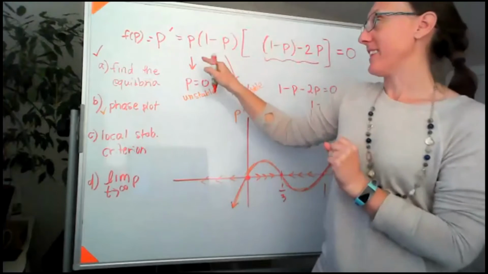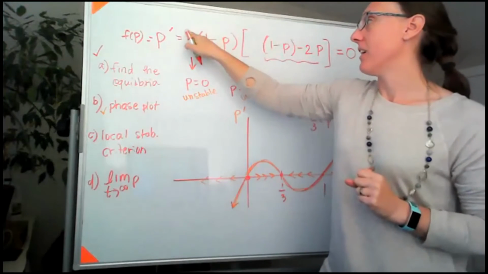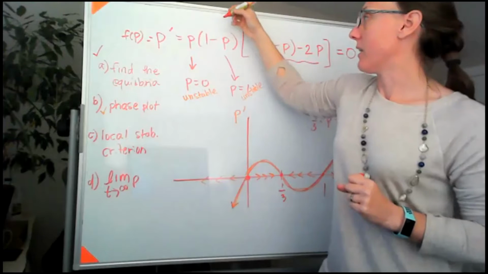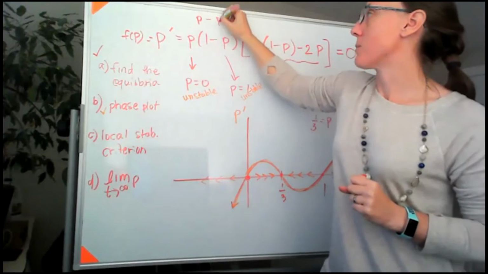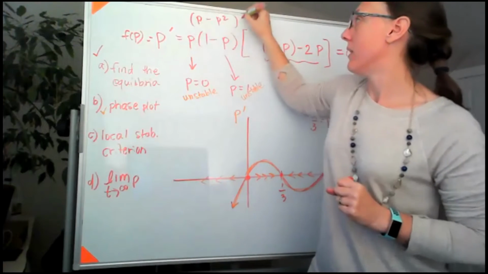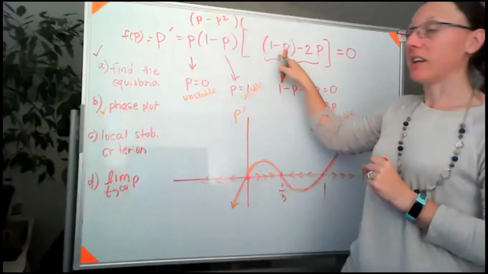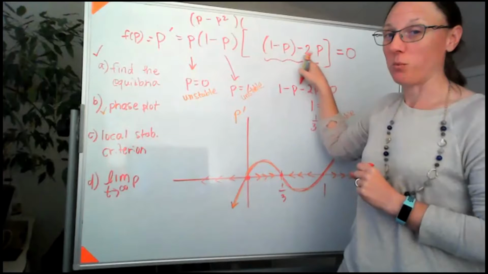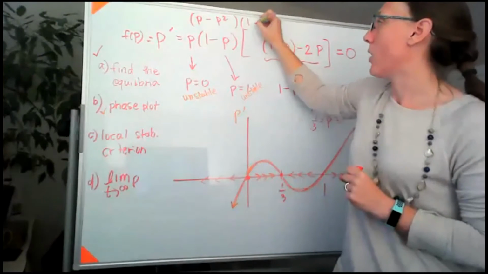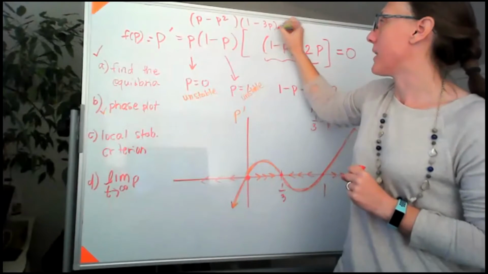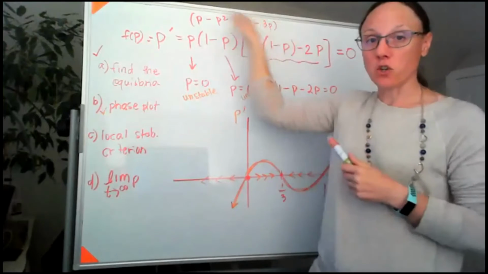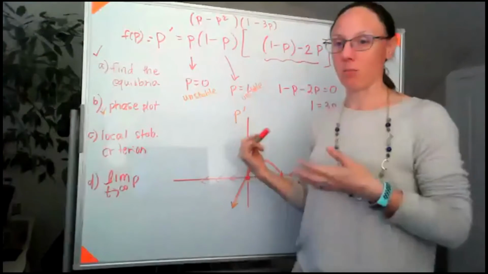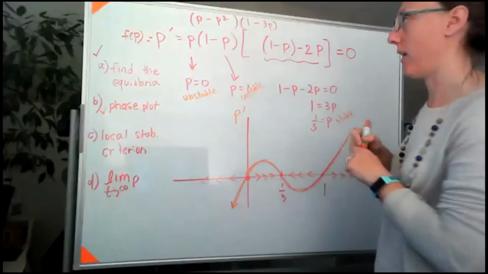So if I start multiplying this out, then when I distribute the p in, I will have p minus p squared. Over here, if I clean it up, I don't really need those parentheses, and the minus p minus 2p is going to make this 1 minus 3p. So we could choose to do a product rule from there or keep multiplying. I'm going to keep multiplying.